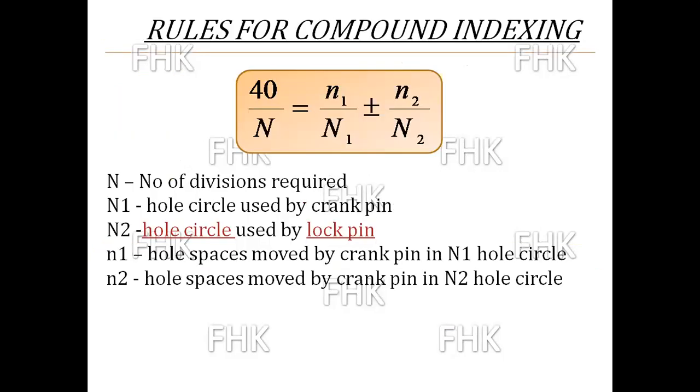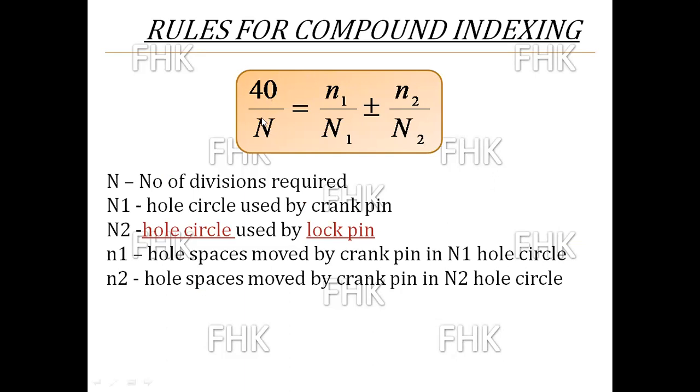The formula used for compound indexing is 40, where 40 is the number of teeth on the worm gear, which is standard. So 40 divided by capital N is equal to small n1 divided by capital N1 plus or minus small n2 divided by capital N2. Remember this formula for compound indexing; it may be asked in the examination or MCQs also.